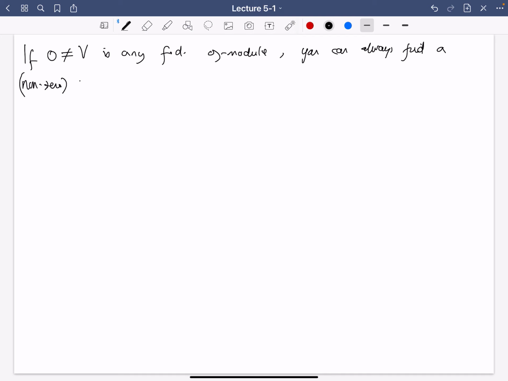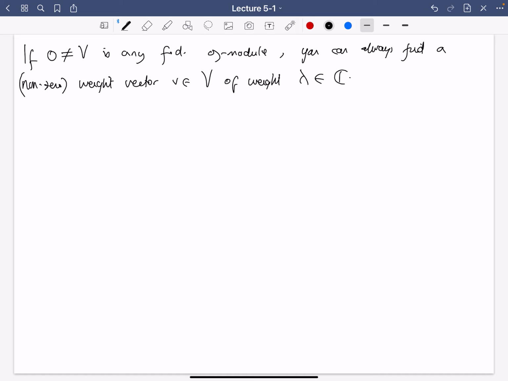You can always find a non-zero weight vector because the characteristic polynomial of the endomorphism of V defined by the action of H will always have a root in your field, and hence you can always find an eigenvector for some eigenvalue, some complex number.